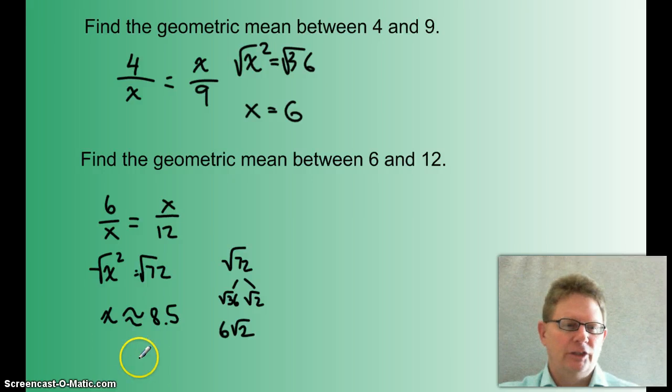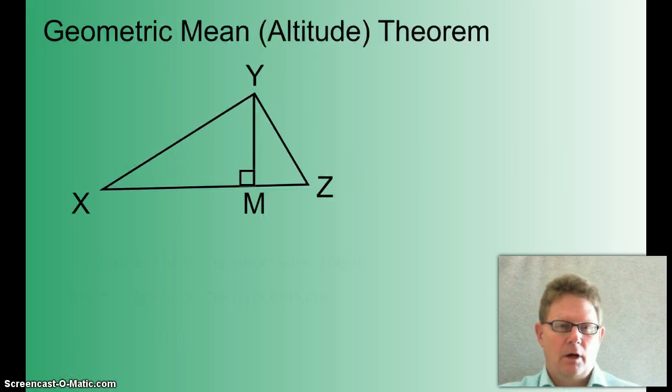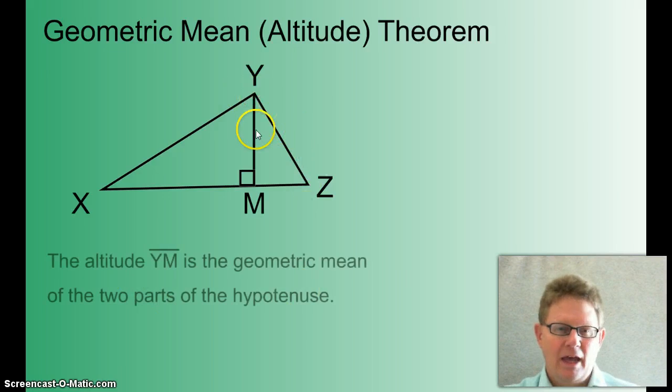Alright, now let's go ahead and show some geometric means that happen when you drop that altitude. Sorry, you got YM being the altitude drawn to the hypotenuse. That's why this is called the geometric mean altitude theorem. Altitude's been drawn. Alright, when that happens, YM is the geometric mean between the two parts of the hypotenuse. And by the two parts of the hypotenuse, I mean XM and MZ.